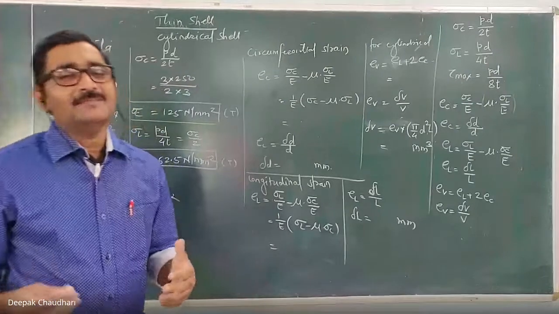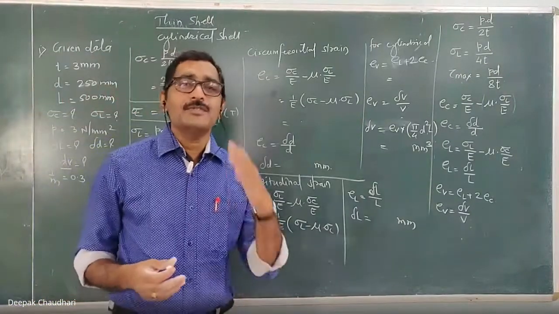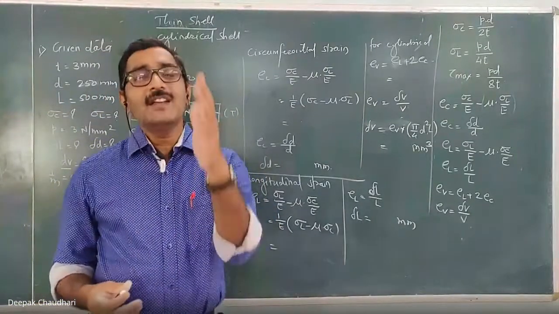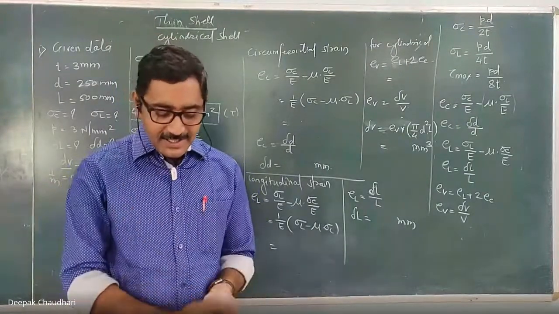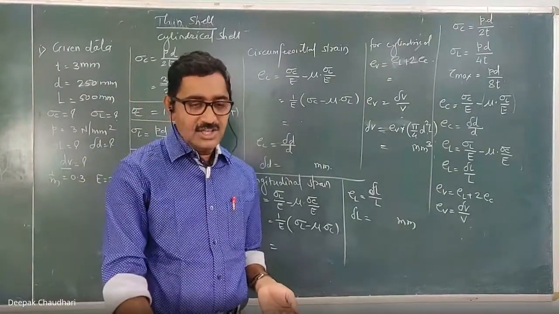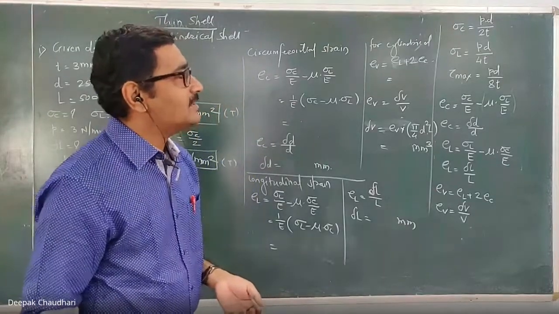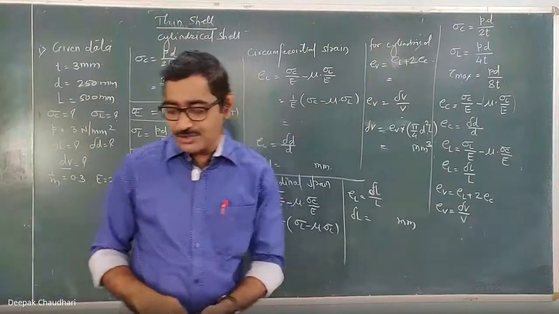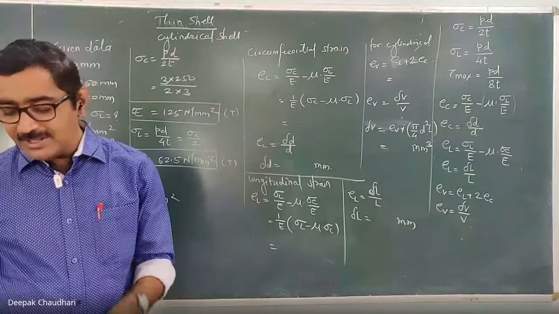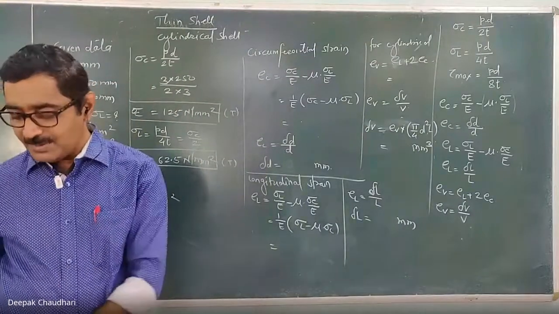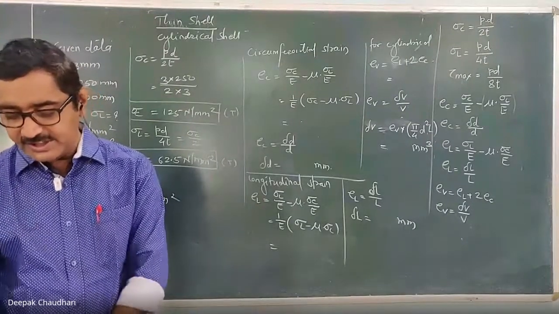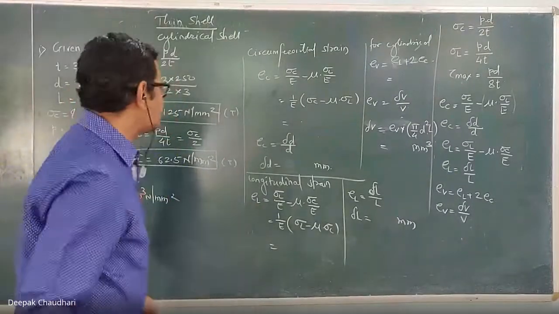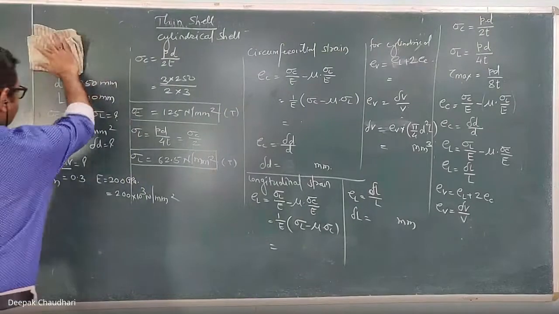But sometimes the vessels are made up of riveted joints. Now when riveted joints are there in a thin shell, how do we calculate the circumferential strain and the longitudinal strain? What will be the change in the circumferential and longitudinal stress when the riveted shell is there? Okay, so let's consider now the riveted shell.